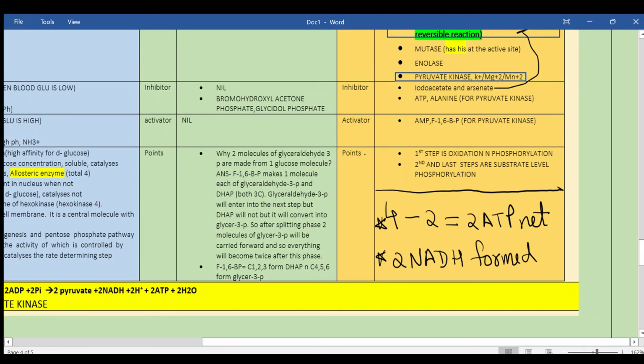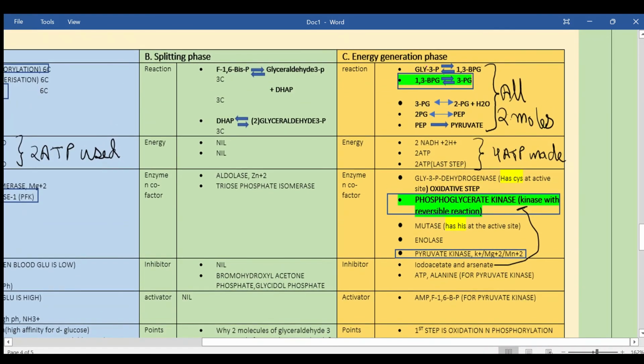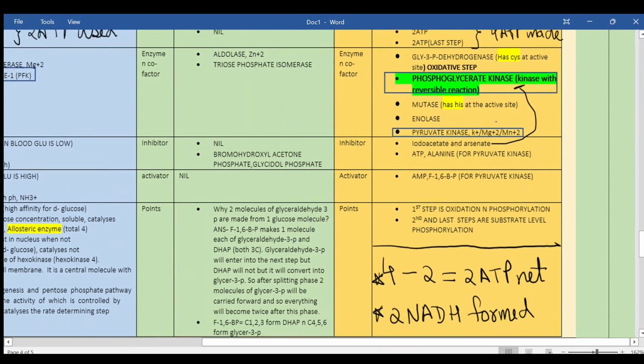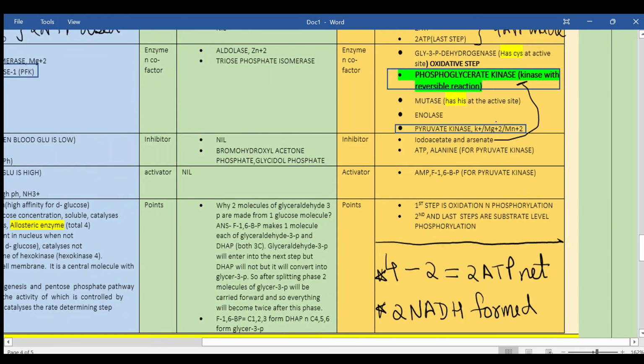And some important points. The first step is the oxidation and phosphorylation. The second step and the last steps are substrate level phosphorylation. Why? Because we are getting ATP molecules, and the reactions which give you ATP are substrate level phosphorylation steps.